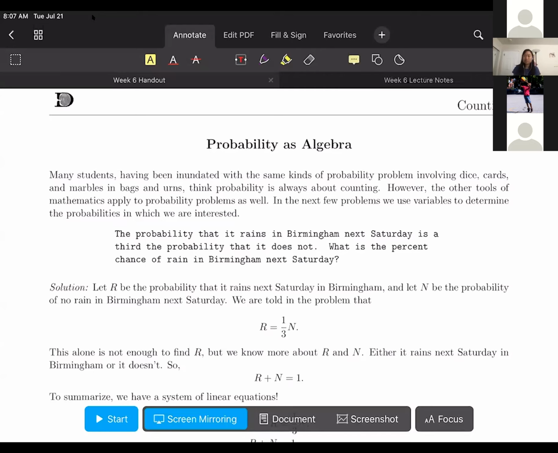So this week we're going to take a look at yet another way we could compute probability, which is using algebra when we're given some information about the relative probabilities, or the probability of something relative to the probability of something else, or we just don't know the probability directly, but we need to solve for a probability as part of an algebra problem.